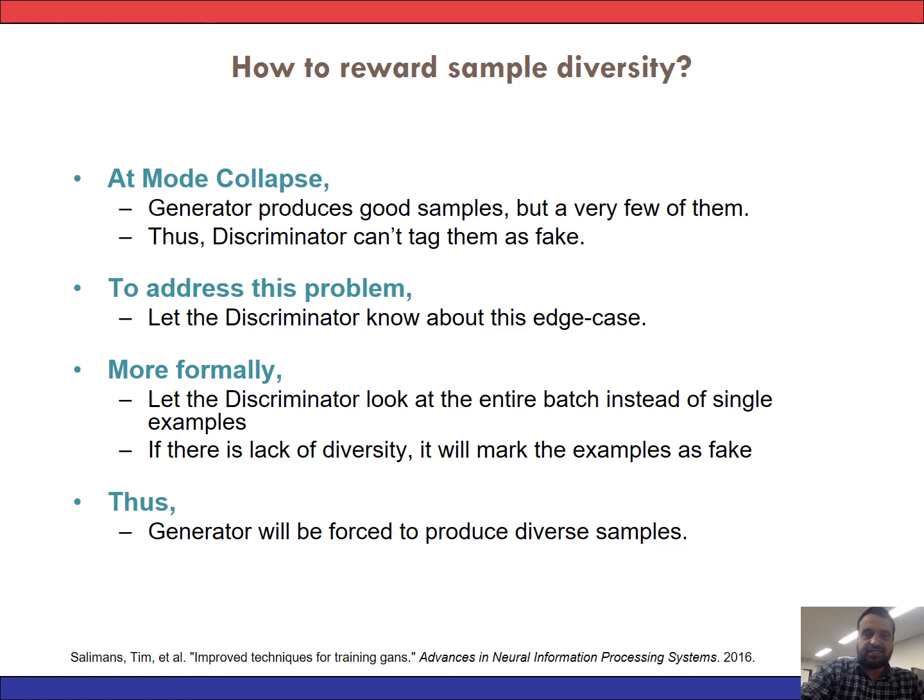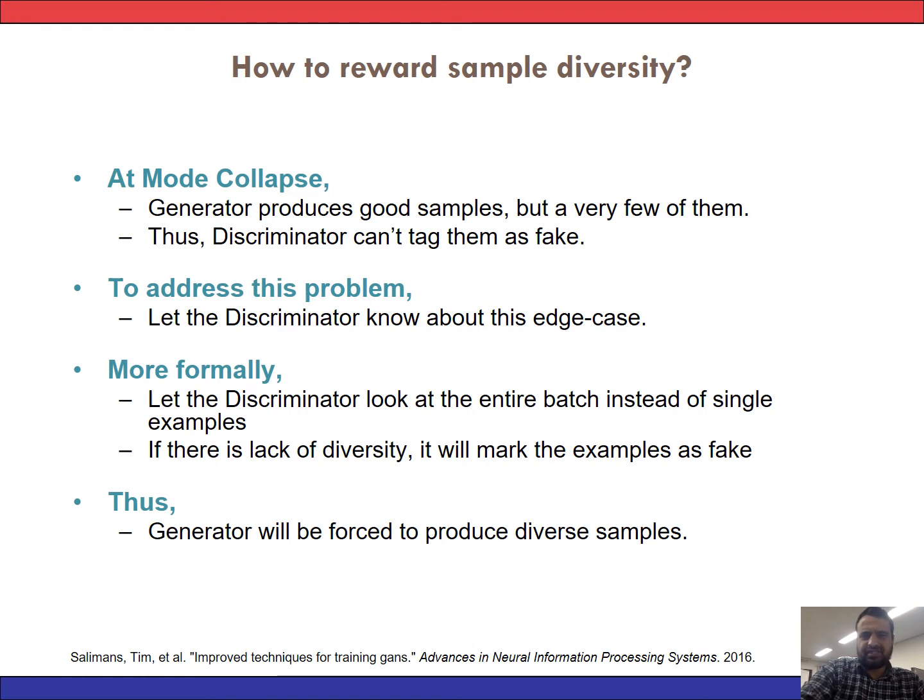So once the generator starts producing realistic images, the discriminator cannot distinguish the real images from the fake ones. So the discriminator is easily fooled. To address this problem, the discriminator should know the difference between the real and the fake images, so that the generator learns the diversity.